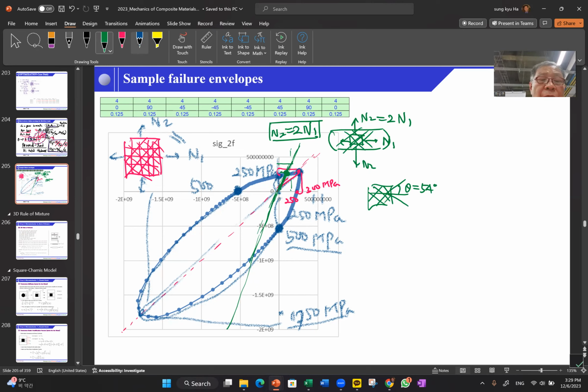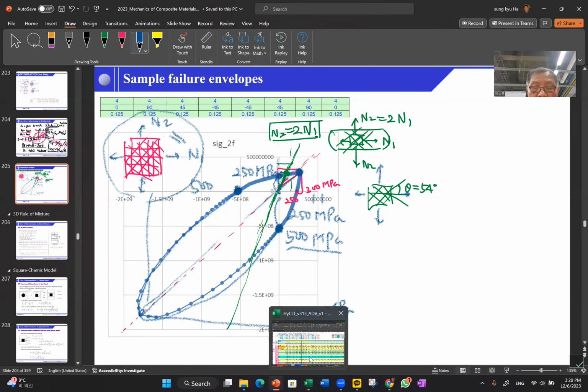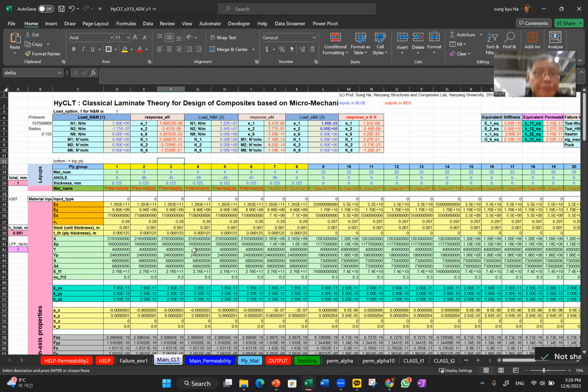So if we draw the load, this is N1 and N2. This biaxial 54 is always giving us the highest strength compared to these types of quasi-isotropic. Let's try to observe that from here.